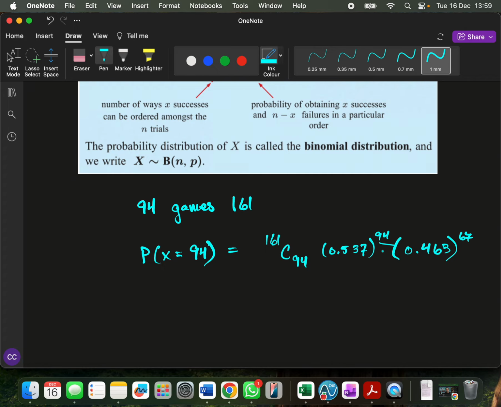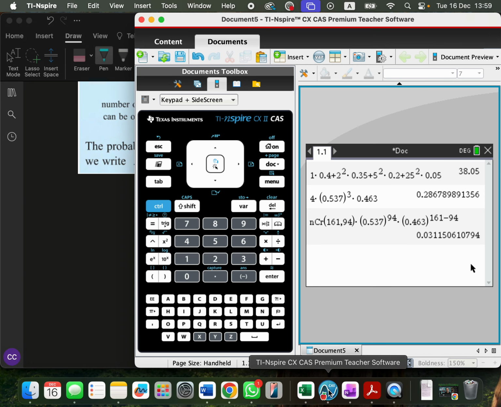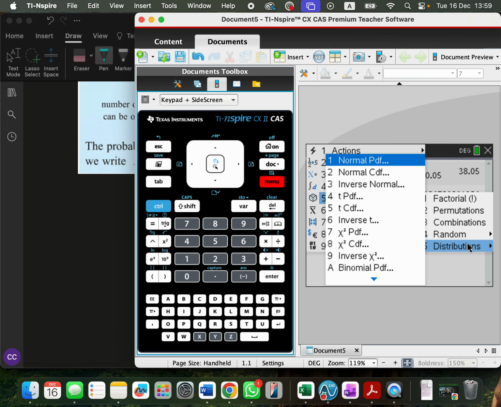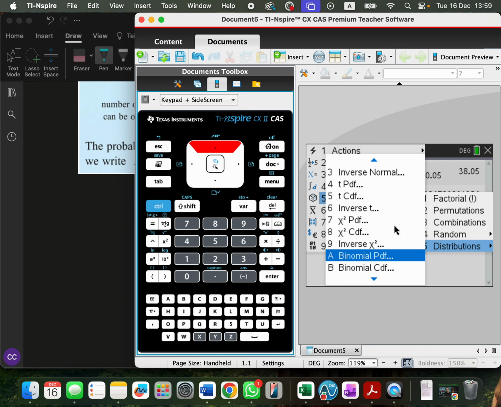I am finding a particular value. And I can actually show you that in another way. If we go menu, and we go to probability, and we go to distributions, you will notice this idea here, binomial PDF.